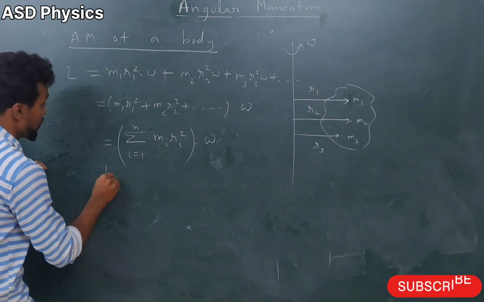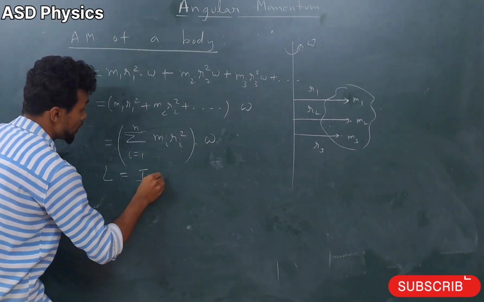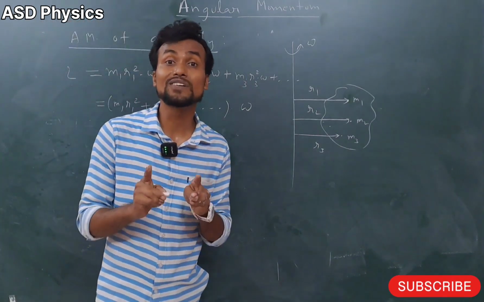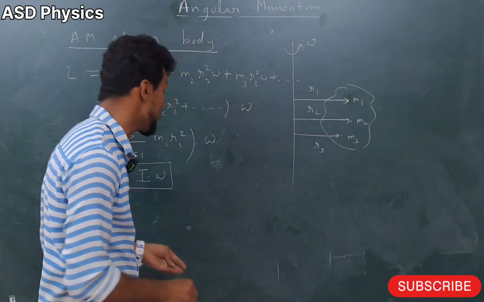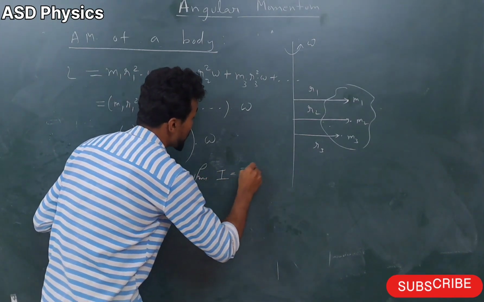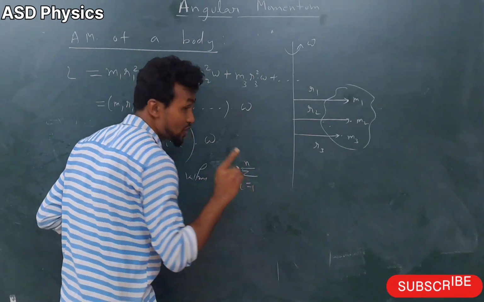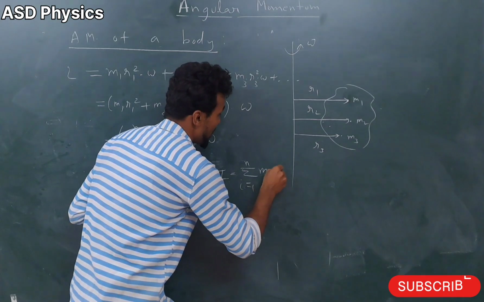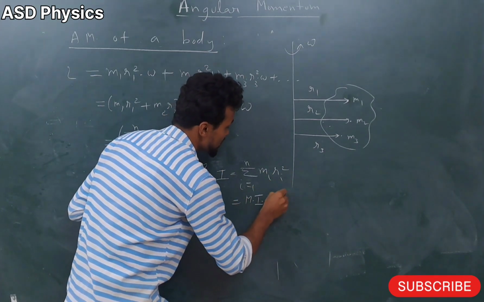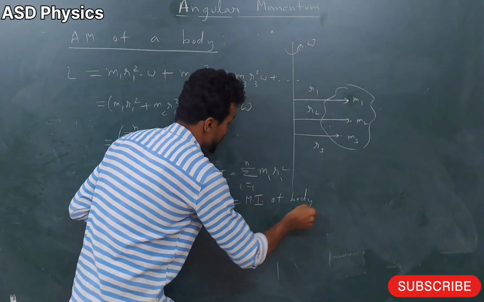This is also the moment of inertia, the moment of inertia of the body. So again I am writing, where I equals the summation from i equal to 1 to n of mi ri squared. This is the moment of inertia of the body.